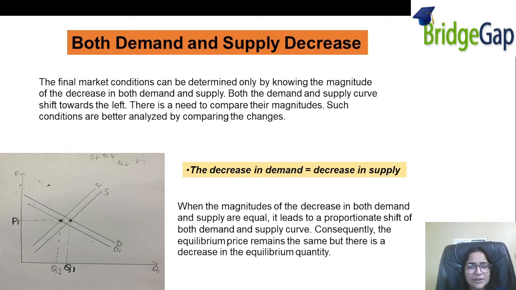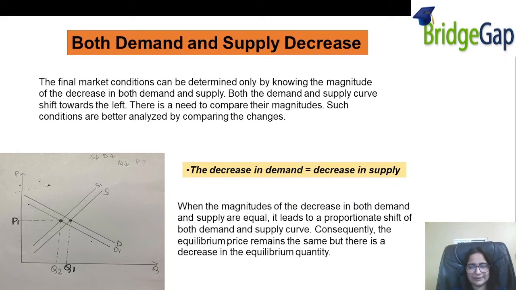When the magnitude of the decrease in both demand and supply is equal, it leads to a proportionate shift, that is, an equal shift in both the demand and supply curves, and consequently the equilibrium price remains the same, but there is a decrease in the equilibrium quantity. I hope this graph is very clear to you all.